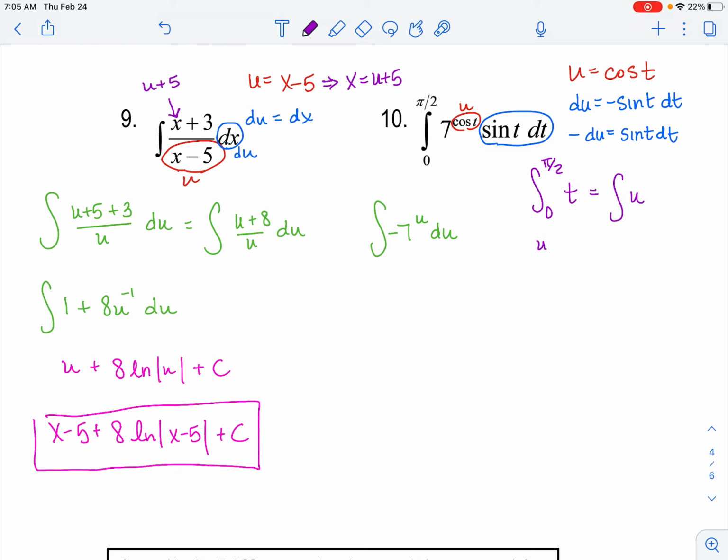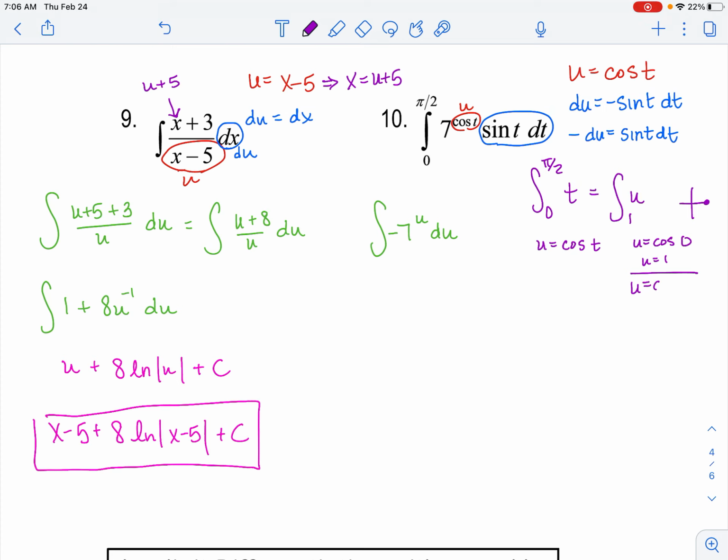And since we know that u equals cosine t, when t equals 0, what is u? So u equals cosine 0. Got your unit circle, that's right here. So u is 1, so we have 1 down here.